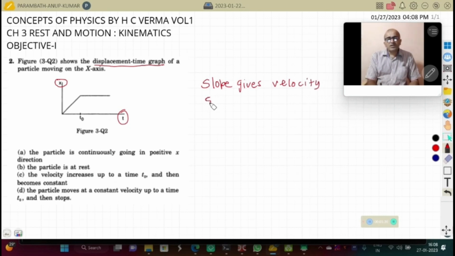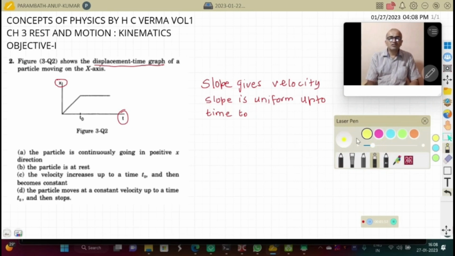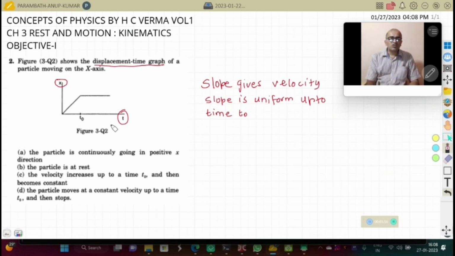Slope is uniform up to time t0. What does it mean? The body has uniform velocity up to this time t0. I hope you are capturing that point, that the body has uniform velocity up to t0, and after that its position is not changing, therefore it has come to rest.